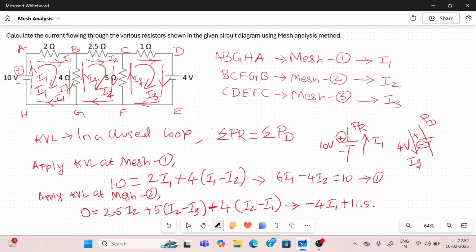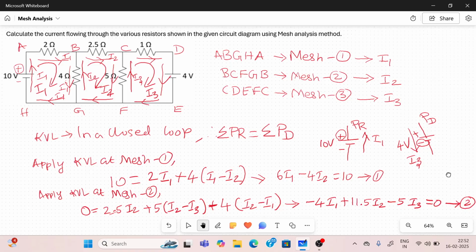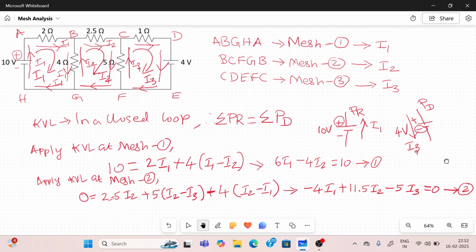Then coming to I3, minus 5 I3, which is equal to 0. This is equation number 2. From mesh 2, we find out equation 2. Next, we can go for applying mesh 3.